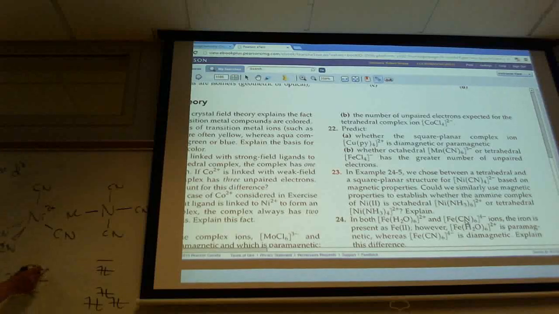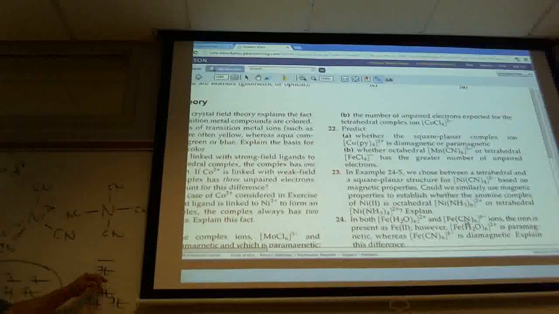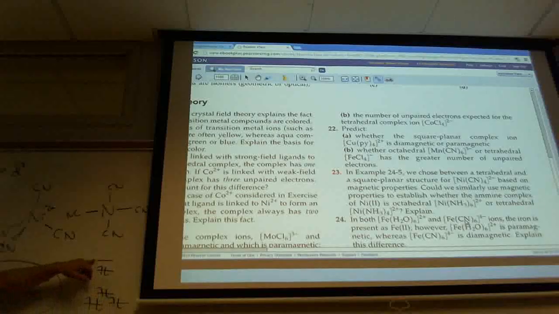If I were to average the energies for all the electrons here, I have 4 higher energy electrons and 4 lower energy electrons, and they'd average somewhere around here. If I were to average the energies here, I have 6 lower energy electrons and 2 higher energy electrons. When I average all the electron energies, one of these orbitals gets split up really high in energy, but there's no electrons there.